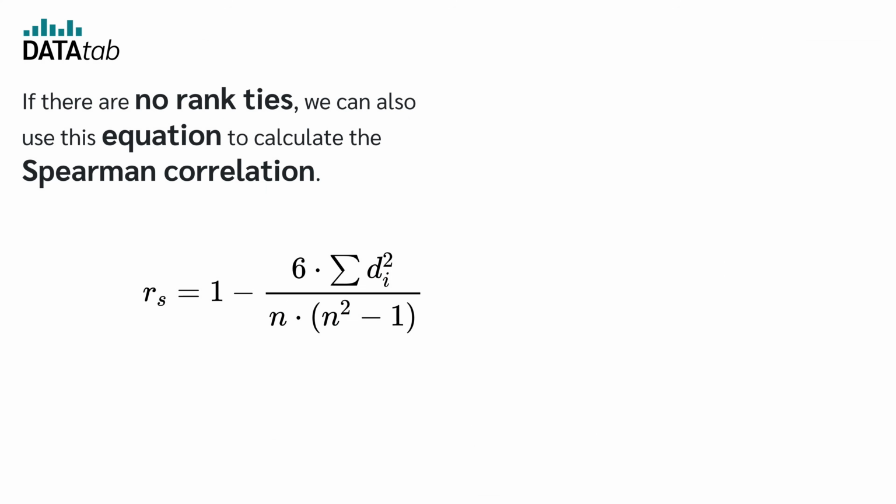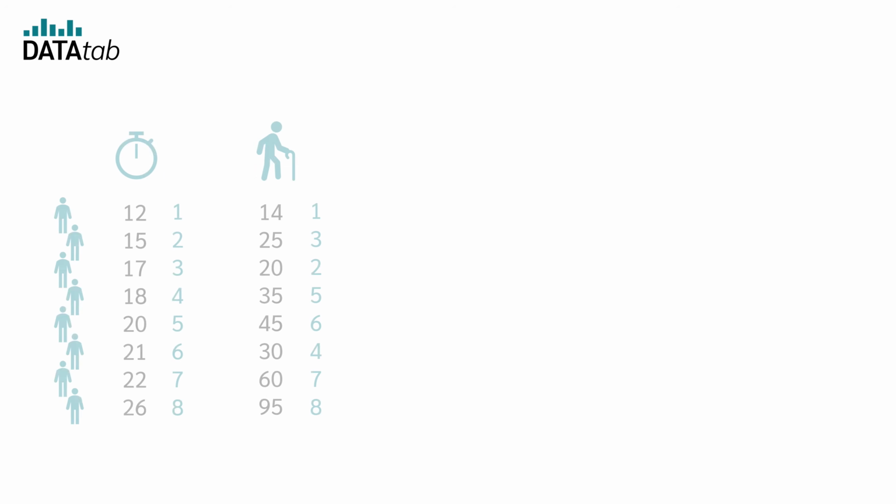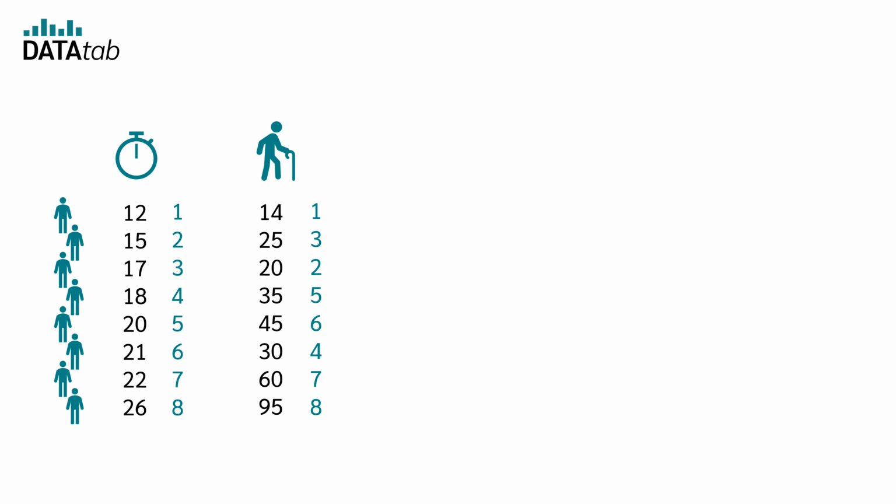If there are no rank ties, we can also use this equation to calculate the Spearman correlation. RS is the Spearman correlation, N is the number of cases, and D is the difference in ranks between the two variables. Referring to our example, we get the different D's with this. 1 minus 1 is equal to 0, 2 minus 3 is minus 1, 3 minus 2 is 1, and so on.